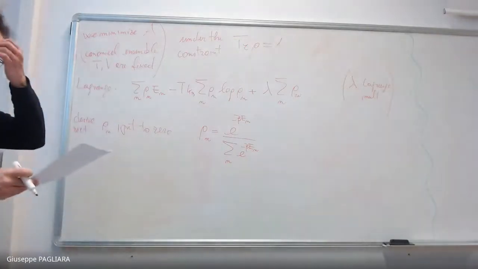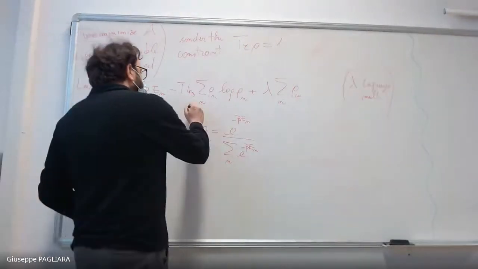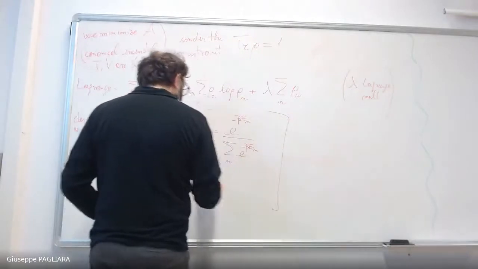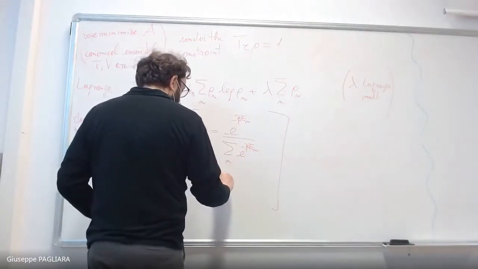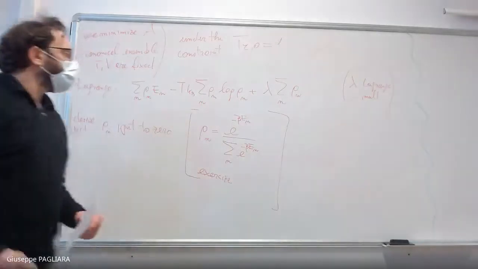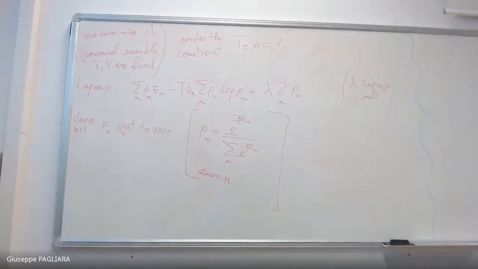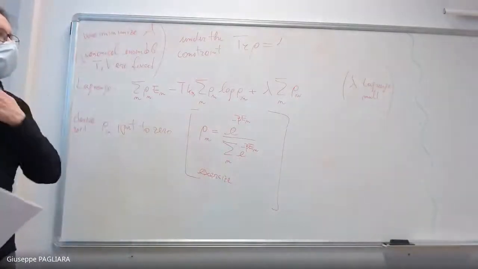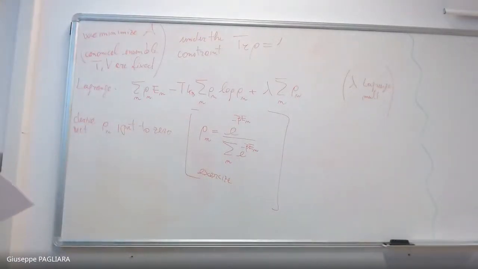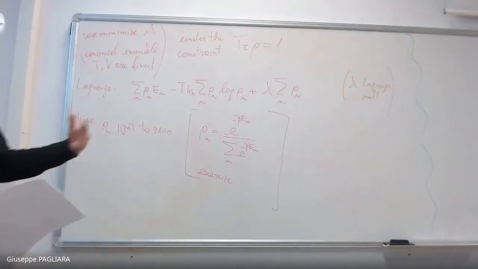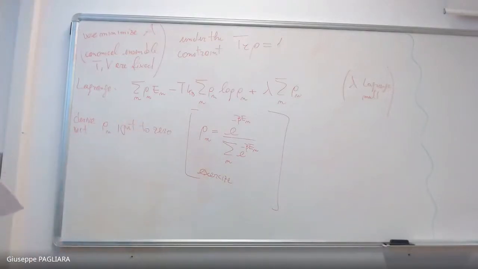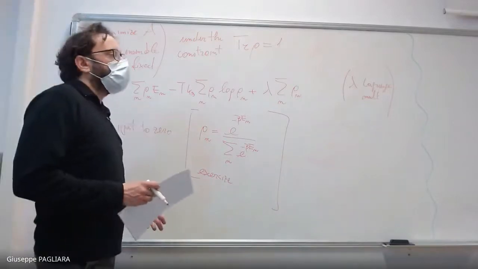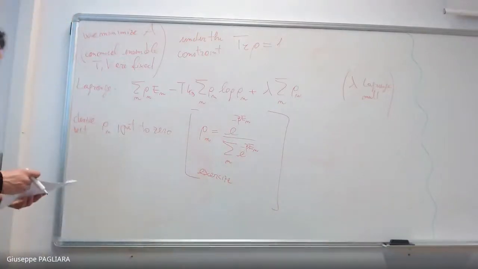You can try to do it as an exercise. The calculations are very similar to the ones that we have done at the beginning. So indeed, the form of rho n that I was assuming before, which was somehow postulated, can be justified by minimizing the Helmholtz free energy with respect to rho n.